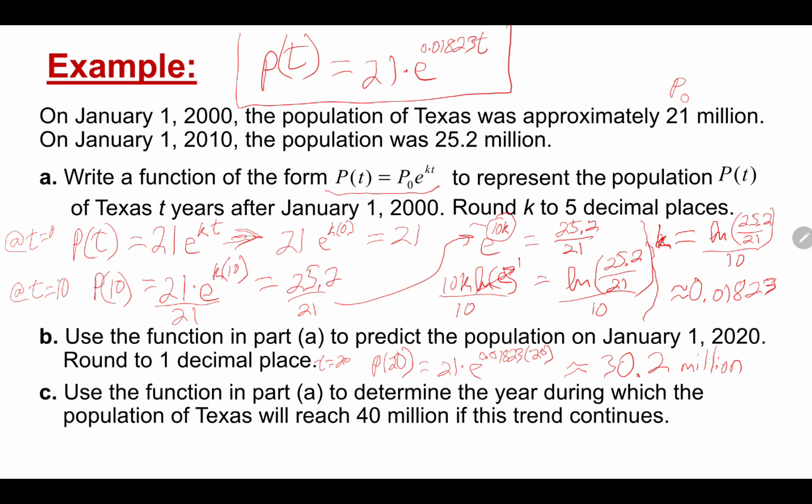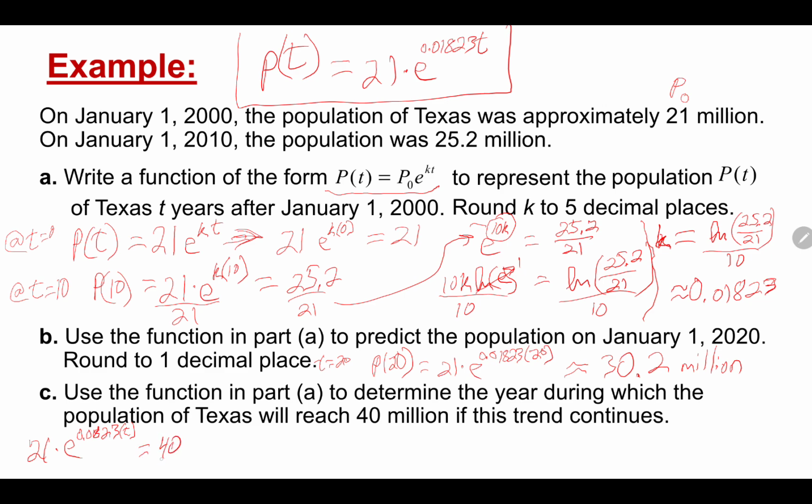Use the function from part A to determine the year during which the population of Texas will reach 40 million if that trend continues. So we can do that. In this case, we're looking for t, but we know what we have: 21 times e to the 0.01823 times t, and we want this to equal 40.